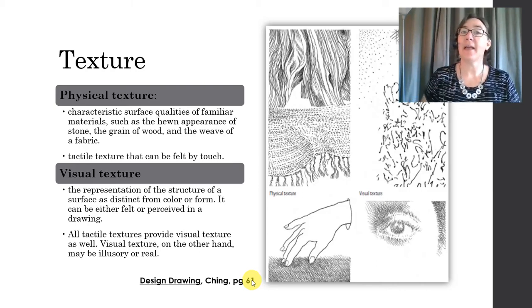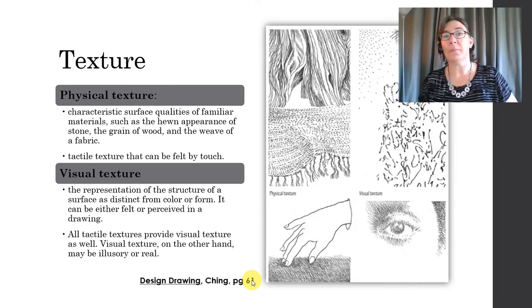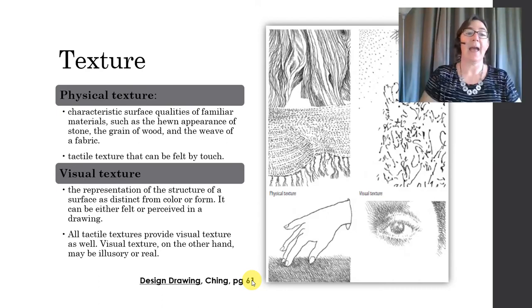Tactile texture is one that can physically be felt by touch. Visual texture, on the other hand, is a representation of a surface. It's not color, it's not form, but it can be perceived in a drawing. And so we have an example here.